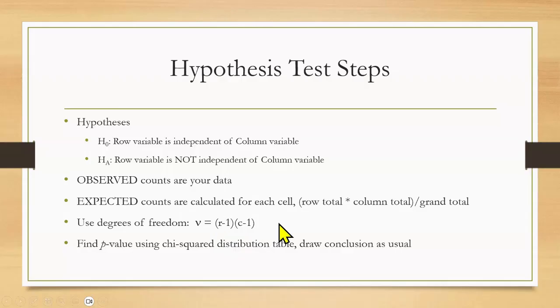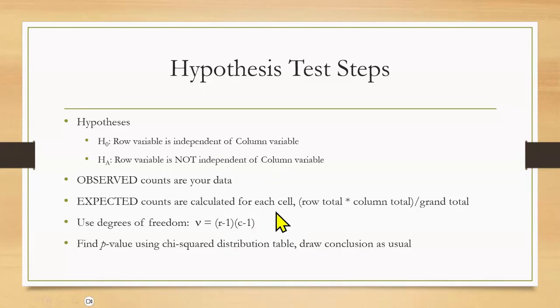The reason we need to do that is because as we're adding up the observed minus expected squared over expecteds, that sum, the chi-square, is going to be bigger just because we have a bigger table. So the shape of the chi-square distribution changes to take that into account.